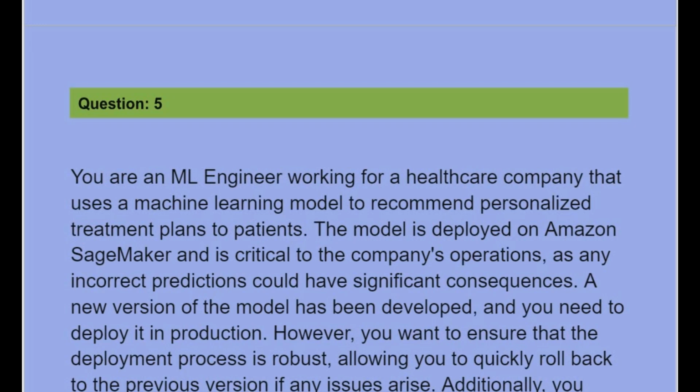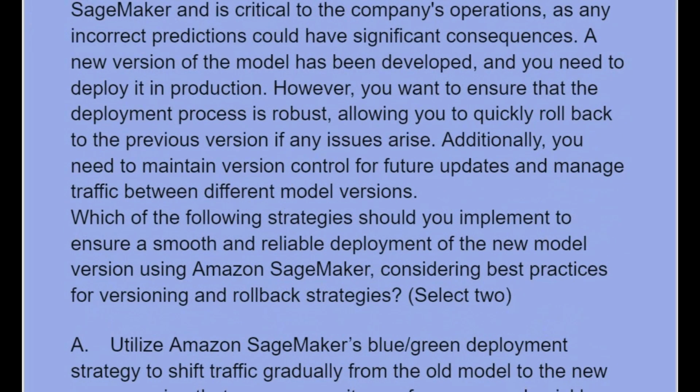A new version of the model has been developed and you need to deploy it in production. However, you want to ensure that the deployment process is robust, allowing you to quickly roll back to the previous version if any issue arises. Additionally, you need to maintain version control for future updates and manage traffic between different model versions.